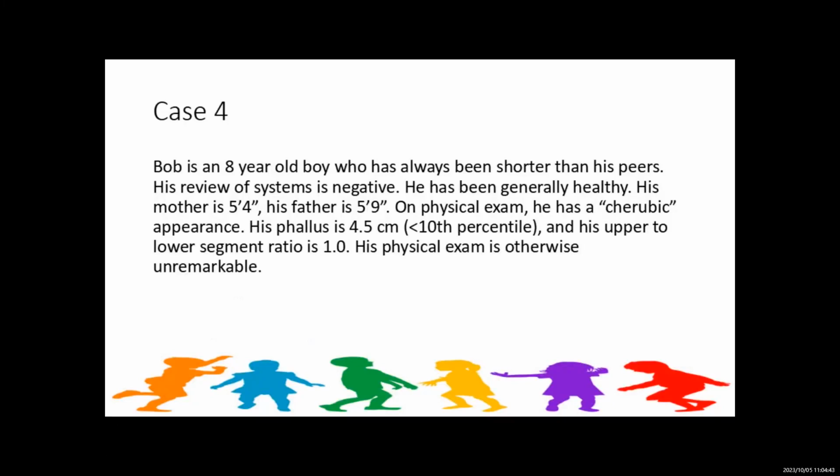His father is 5 foot 9 inches. On physical exam, he has a cherubic appearance. His phallus is 4.5 centimeters, that is below the 10th percentile. And his upper to lower segment ratio is 1.0. His physical exam is otherwise unremarkable.